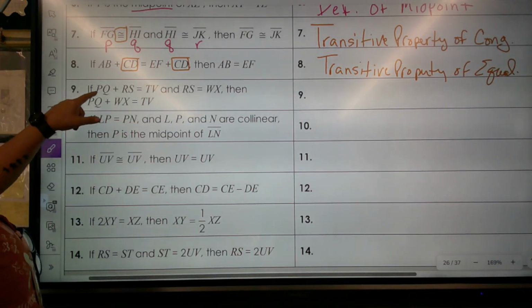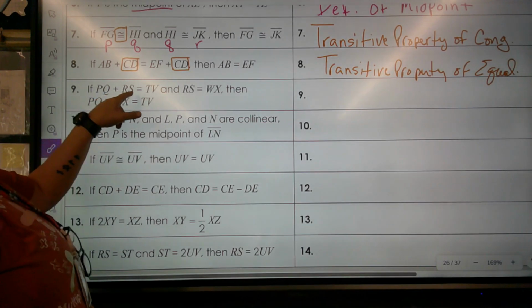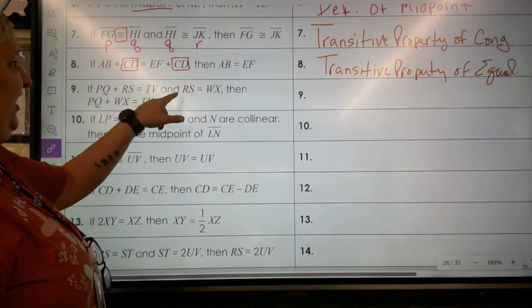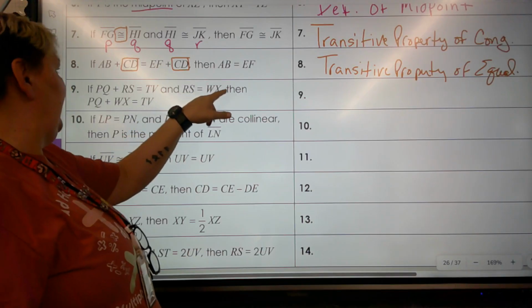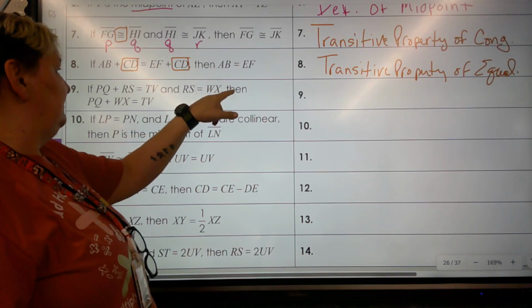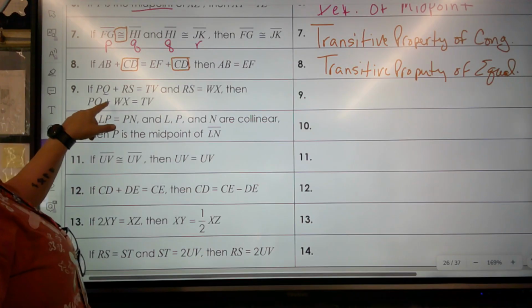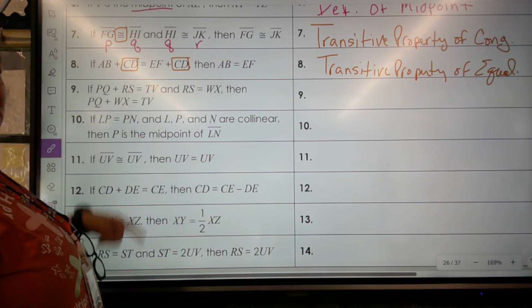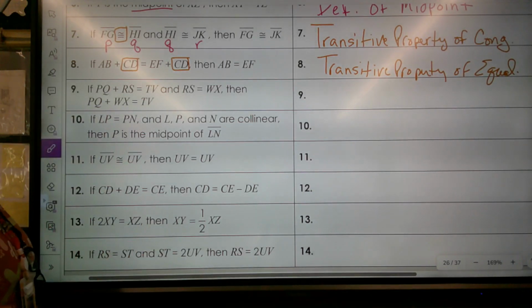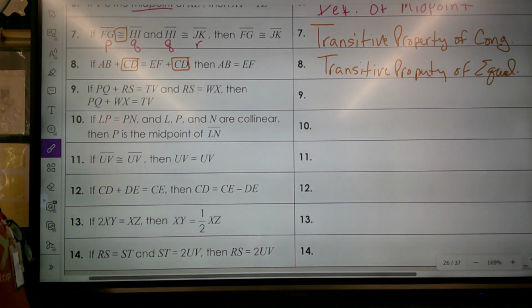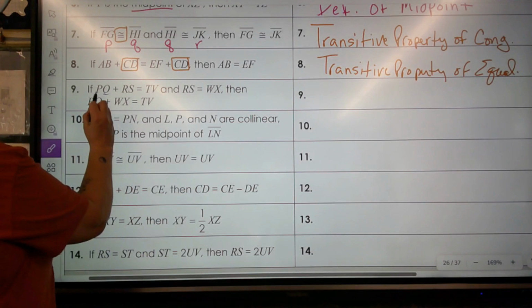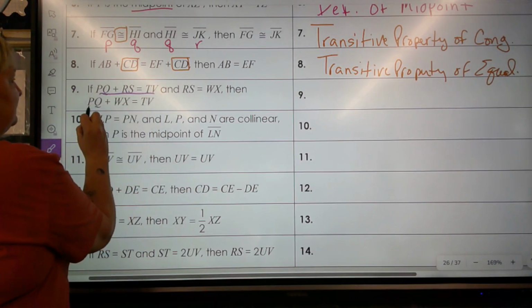If PQ plus RS equals TV, and RS equals WX, then PQ plus WX equals TV. Now I want you to think about that for a second. What did they do to get from here to here?